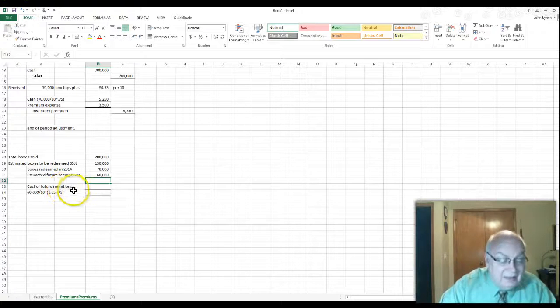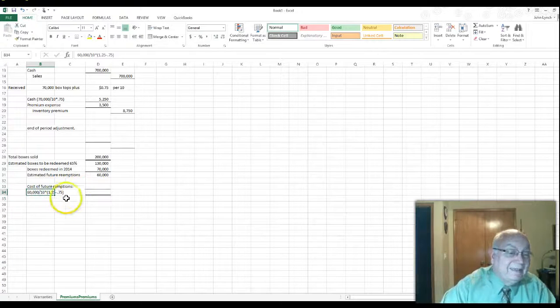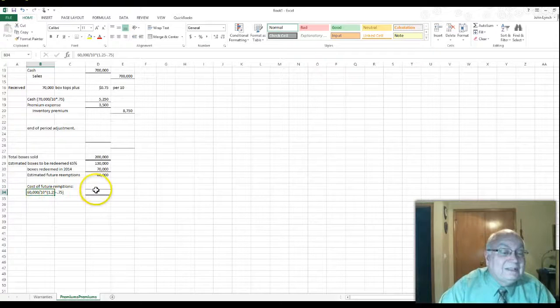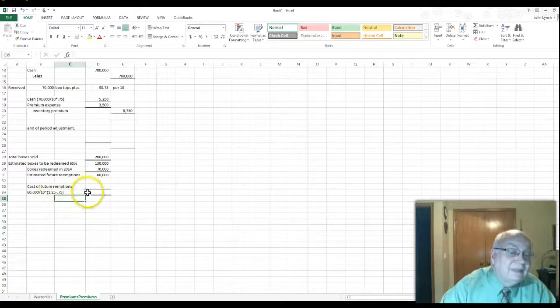Okay, the cost of the future redemptions. So it's 60,000. The 60,000 divided by 10 times the $1.25 minus 75 cents.